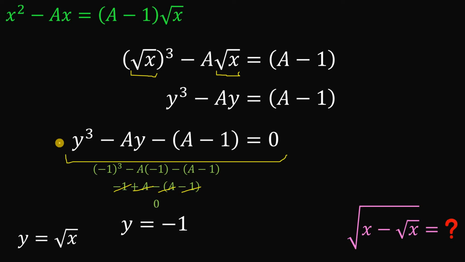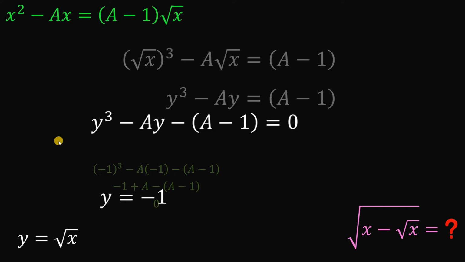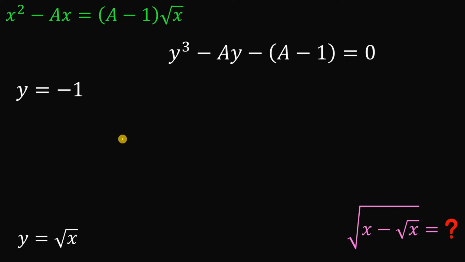And also, we now know one factor of this cubic equation, which is y plus 1. And the question is, what is the other factor? So to find the other factor, we will use what we call synthetic division. So let's put a hot box, and let's have the coefficients of this cubic equation. So let's start with y cubed, which is 1.